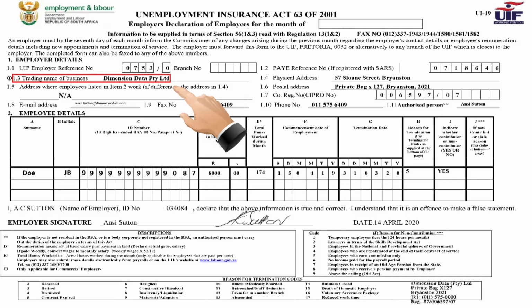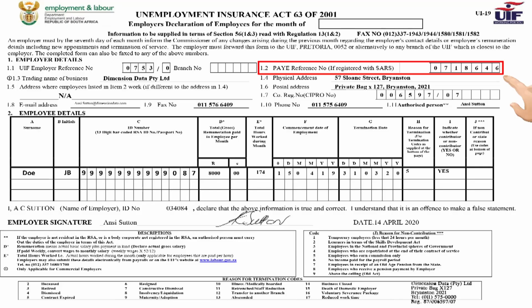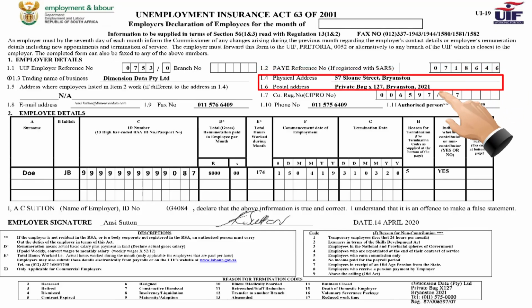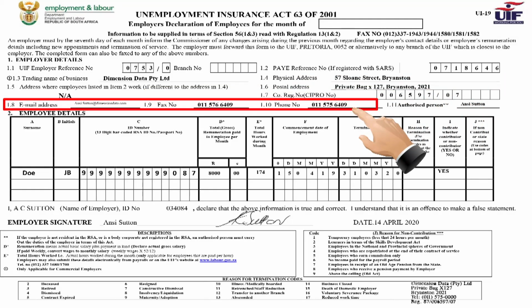Then the PAYE number is indicated, and then the name and address of the employer. Then we move on to the contact details of the company. So if there are any problems, the official can phone the company and say, look, supporting documents are needed, can you indicate to us whatever additional information is needed.